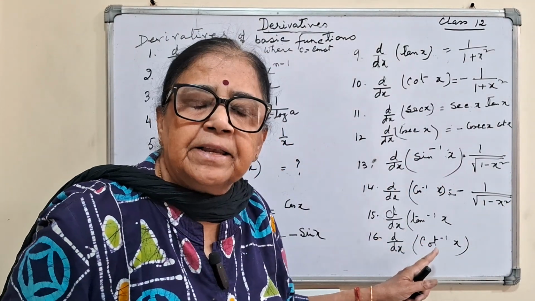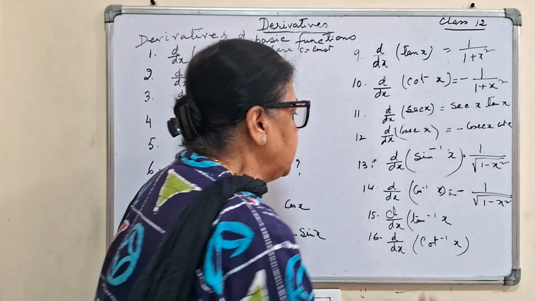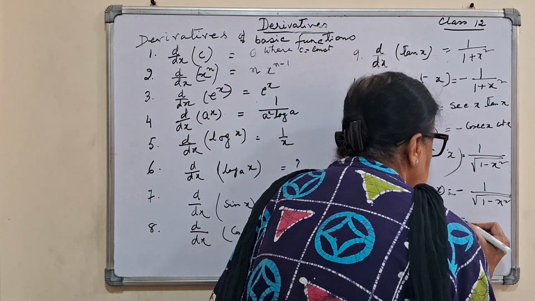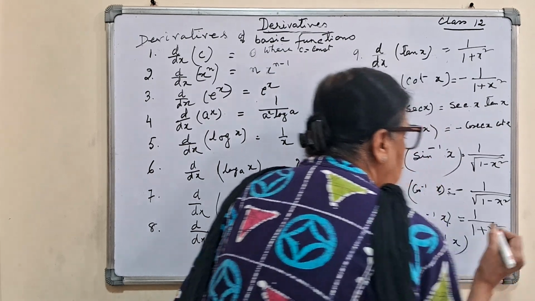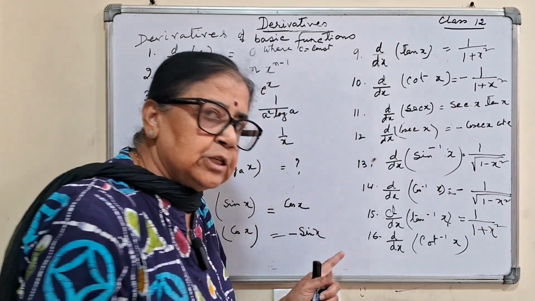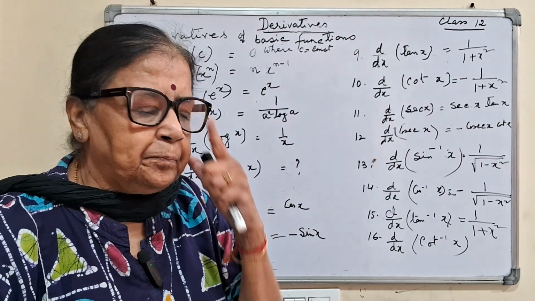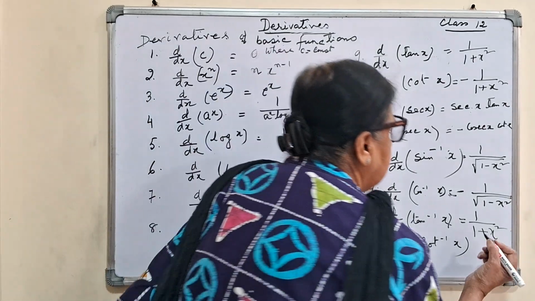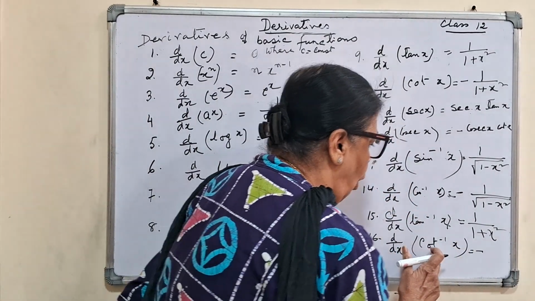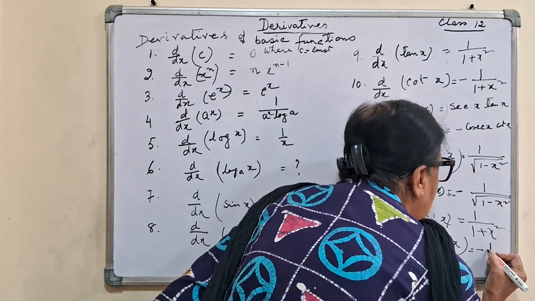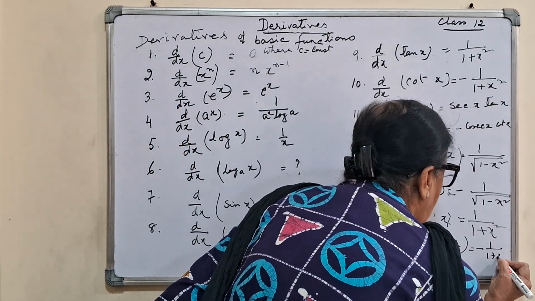d/dx of tan inverse x is equal to 1 by 1 plus x square. d/dx of cot inverse x will be equal to minus, since it is a co-function, 1 by 1 plus x square.